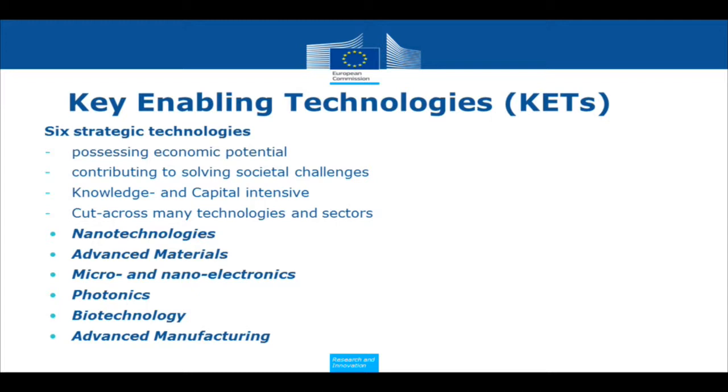Now, in this directorate we also have an overall coordinating role for the approach to all of the 6 KETs, including the technology readiness levels, and the general approach to how the KETs are supported in Horizon 2020. Next slide.